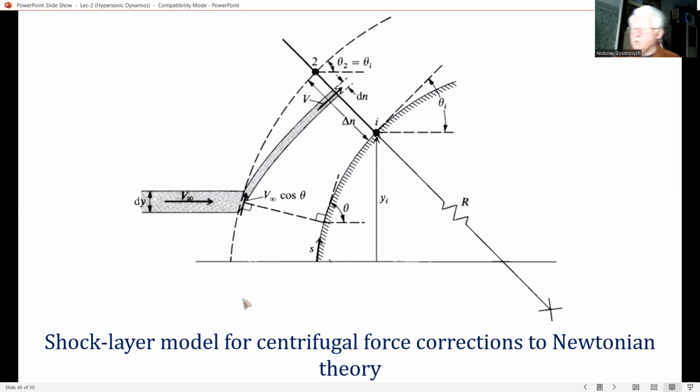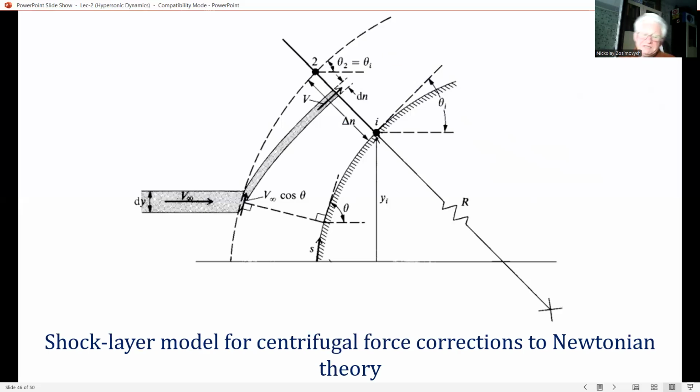Consistent with the Newtonian model, all particles that impact the surface subsequently move tangentially over the surface in an infinitely thin layer. For the time being, assume this layer to have small thickness delta n. Later, we will let delta n, delta m become 0, consistent with the Newtonian approximation.